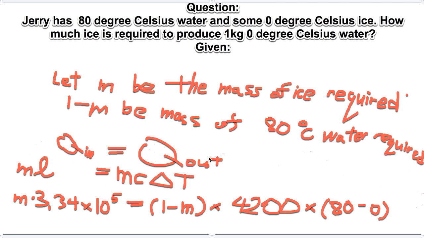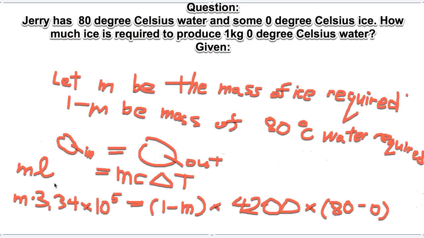We should note that in this question, there is 80 degrees Celsius water, and we want to turn it to 0 degrees water by melting some 0 degrees Celsius ice. So the resultant amount of water would be 1 kg of 0 degrees Celsius water.